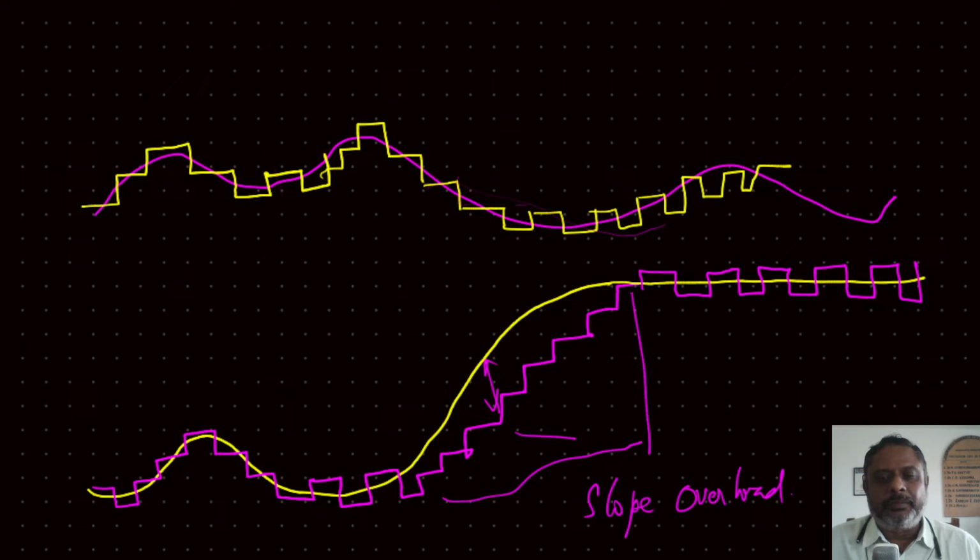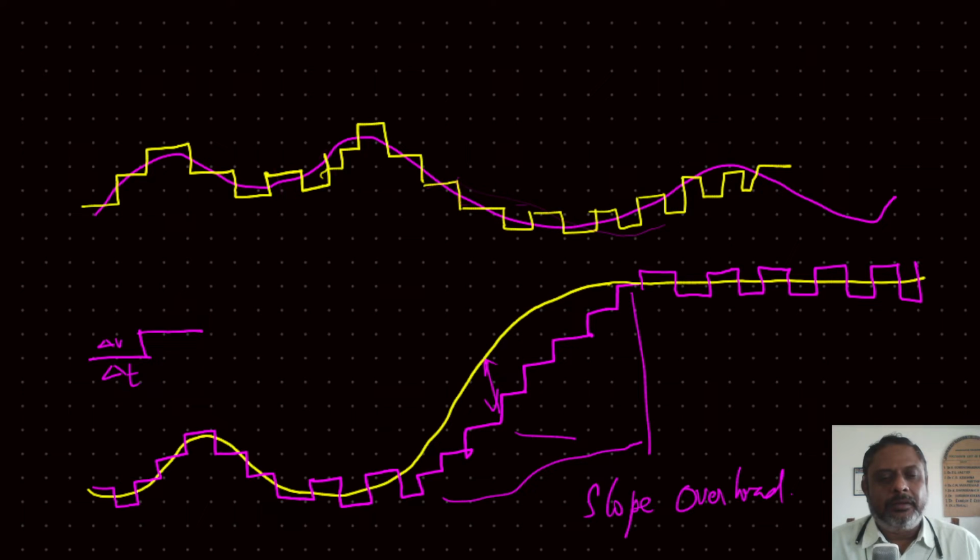So this slope is not able to keep up with the actual speed with which the input is changing. It has a maximum slope possible, and the requirement is more than what slope our delta modulation system can have. The slope depends on the duration delta t for each sample and delta v, the change in magnitude for each sample.